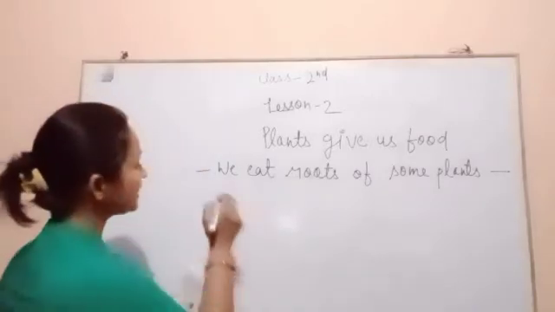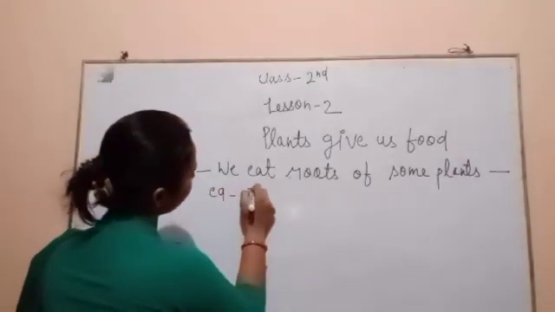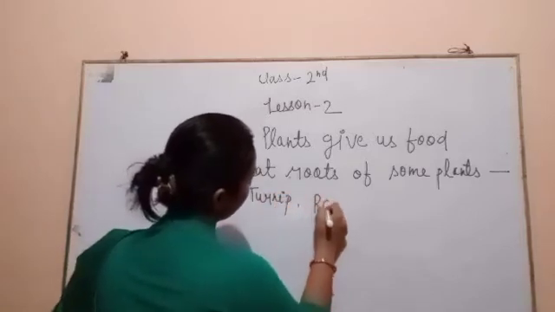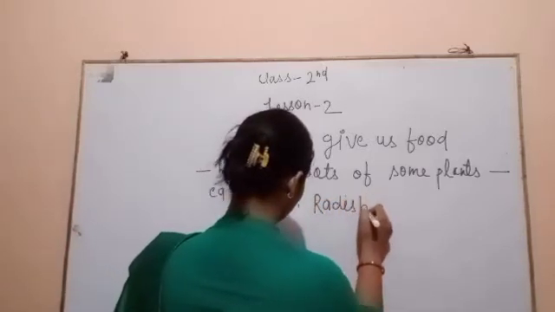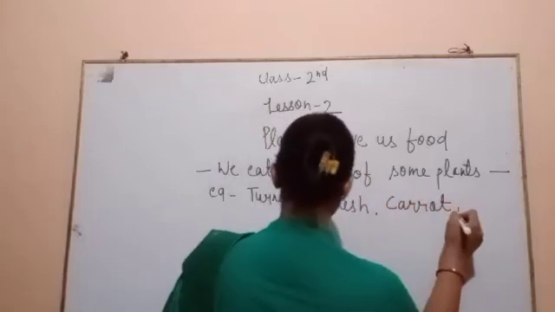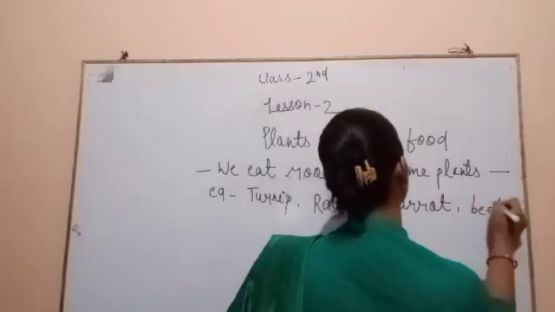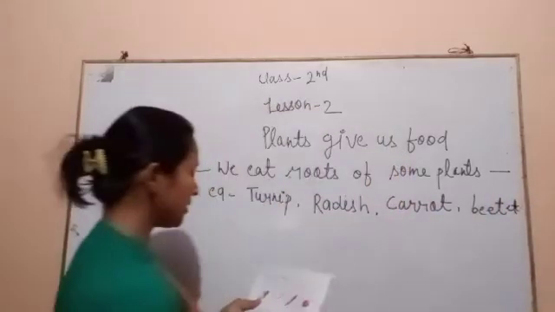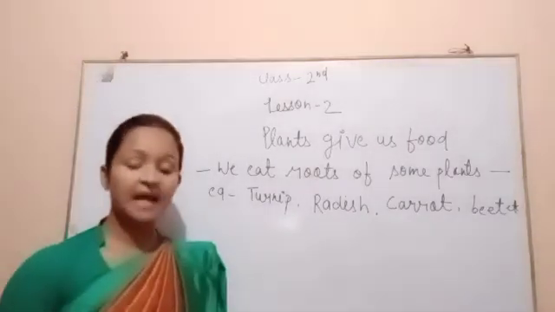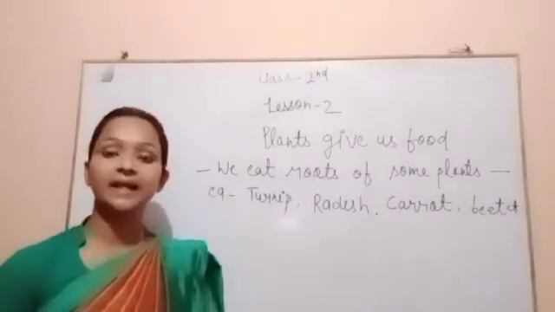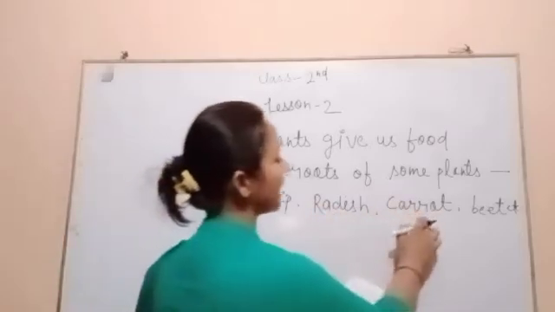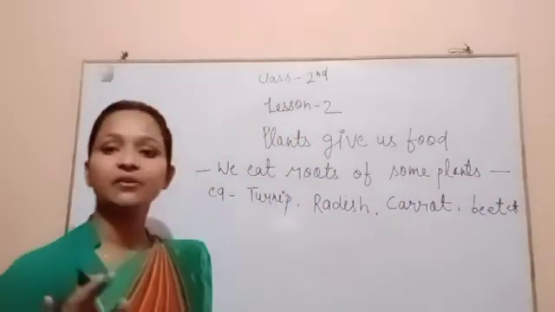I will tell you examples: turnip, radish, carrot, beet, etc. We are using the root parts, and they have edible roots, and they too are eaten as vegetables. Turnip, radish, carrot and beet we are using as vegetables.